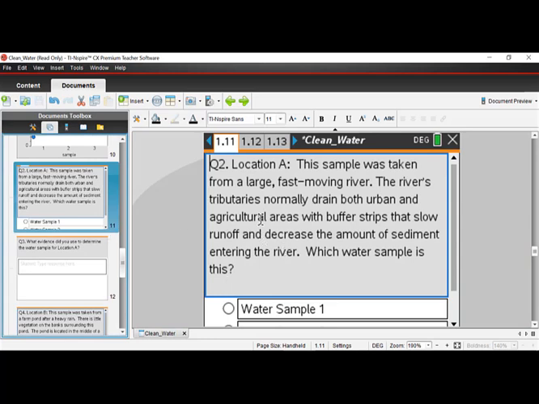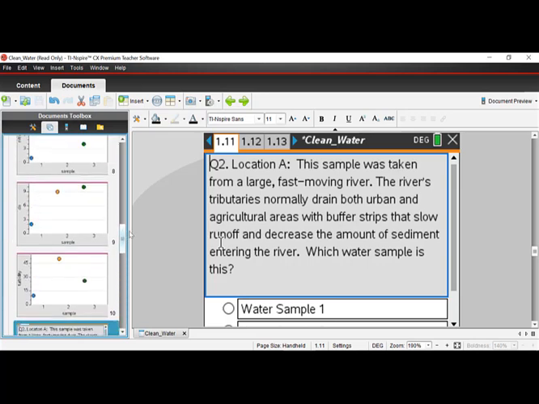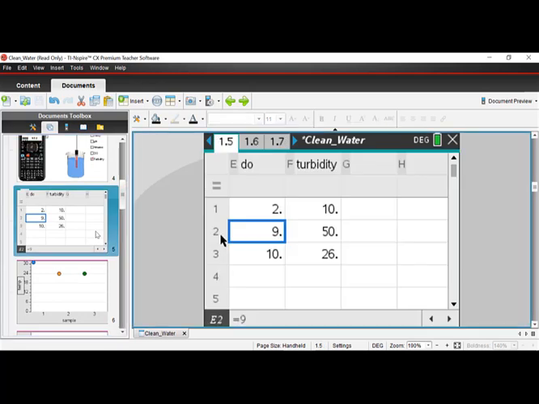So location A, I think, remember this is a large fast moving river. There's drainage, but they are buffering the drainage. So that means that not as much sediment's getting in there as could be. And remember the turbidity was kind of in the middle. Dissolved oxygen's the highest.